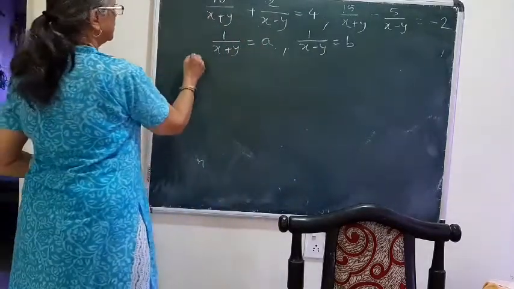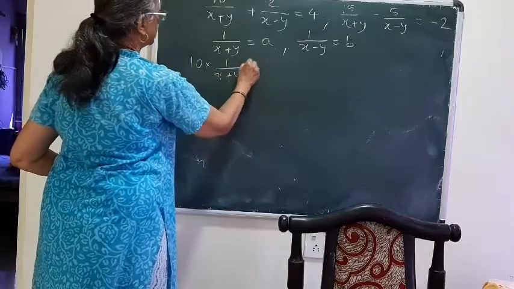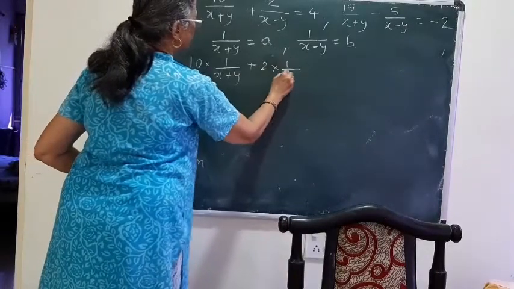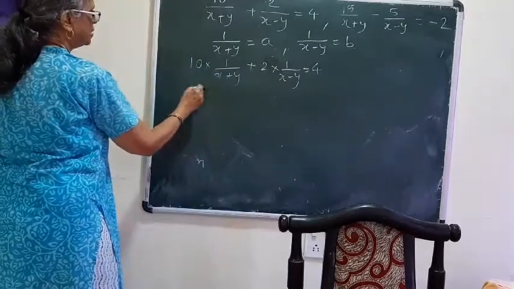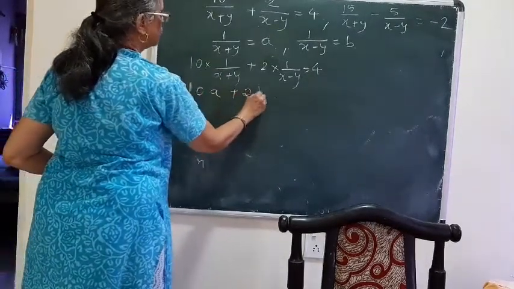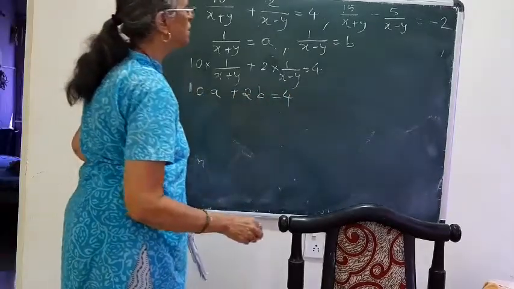So 10 into 1 upon x plus y, write this step for understanding, then 2 into 1 upon x minus y is equal to 4. So that will become 10a plus 2b equal to 4. That will be the first equation in the linear form.